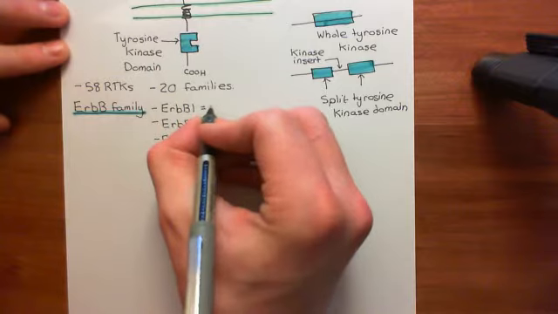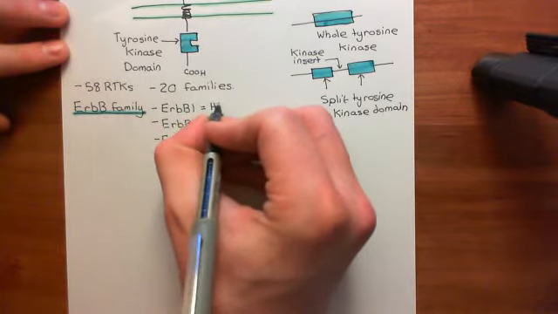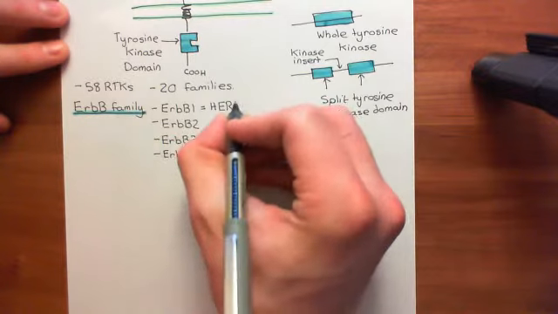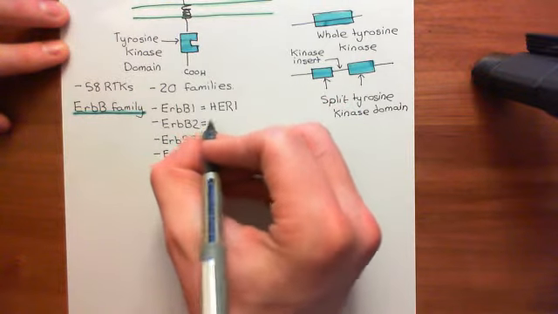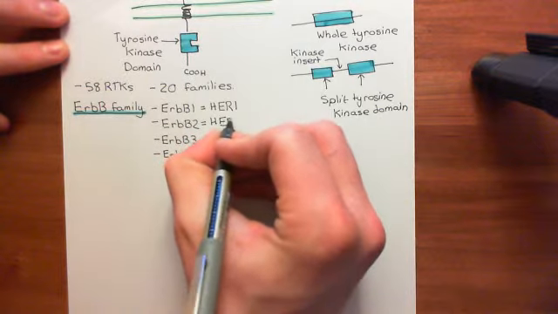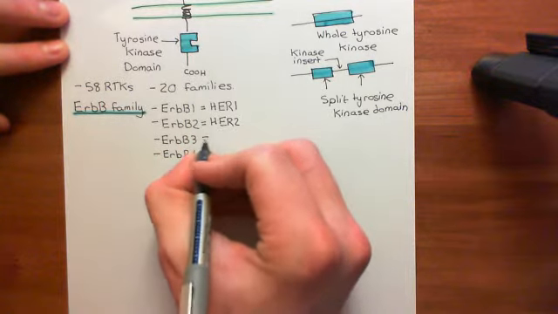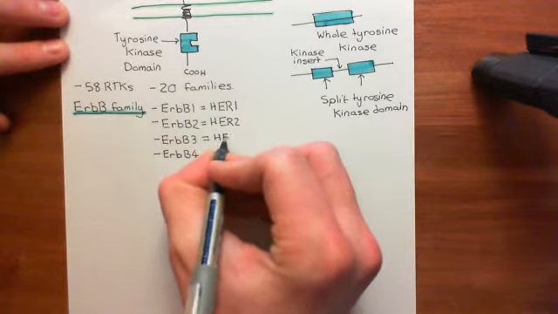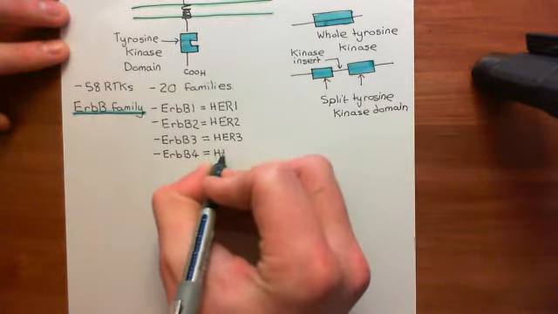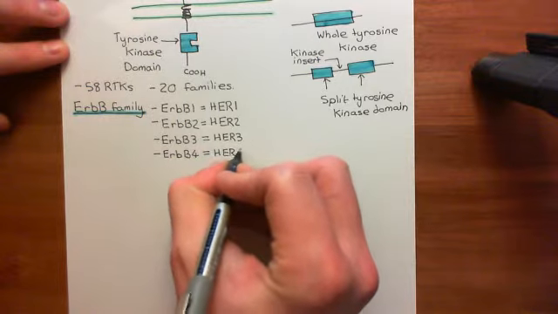Each of them is also called a HER receptor, so luckily the numbering is the same. ERB-B1 is also called HER1, ERB-B2 is also called HER2, ERB-B3 is also called HER3, and ERB-B4 is also called HER4.